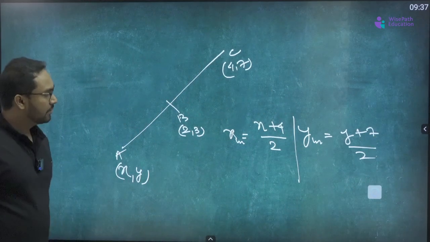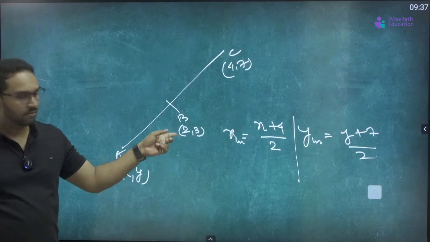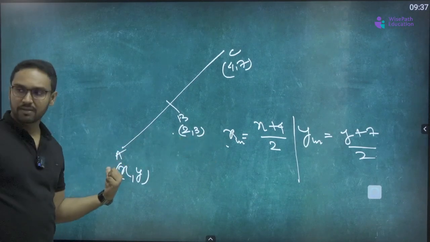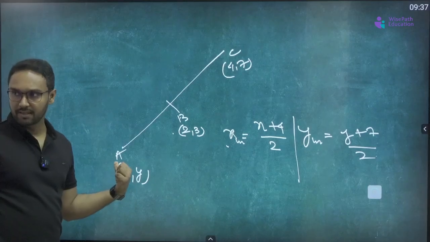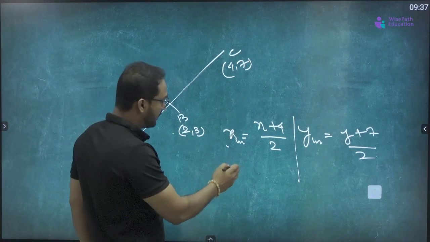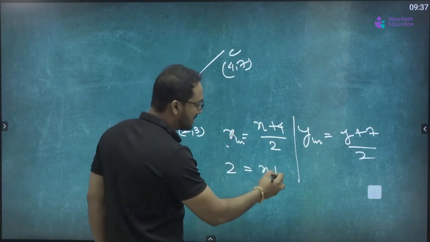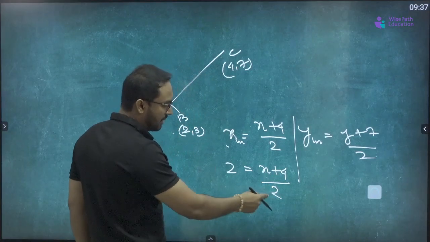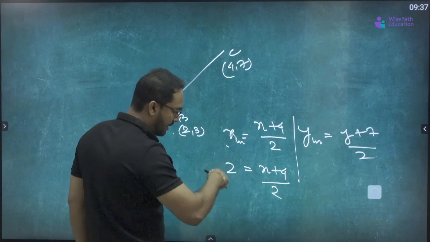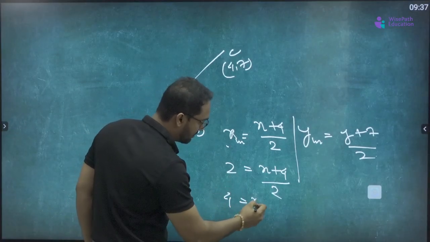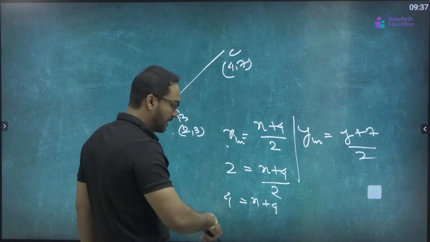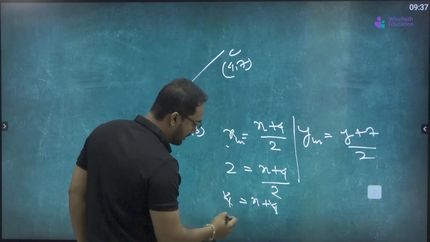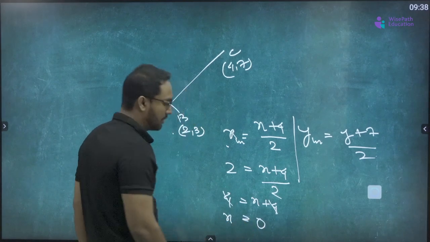Now we already know the midpoint, so we only have to apply the midpoint values and we get x and y. Here the x midpoint is 2. So 2 equals x plus 4 divided by 2. Cross multiplying, 4 equals x plus 4. Taking 4 to the other side, minus 4 cancels out the plus 4, so x equals 0.